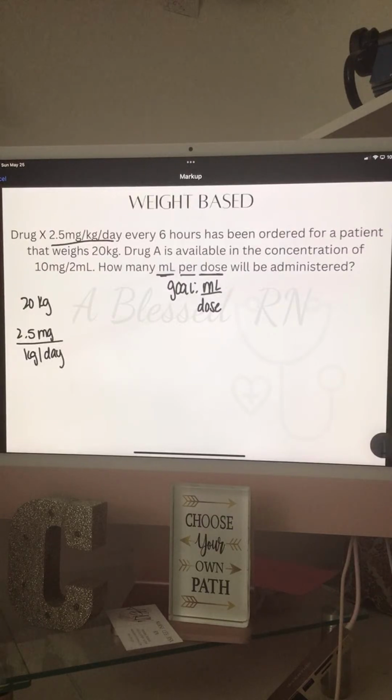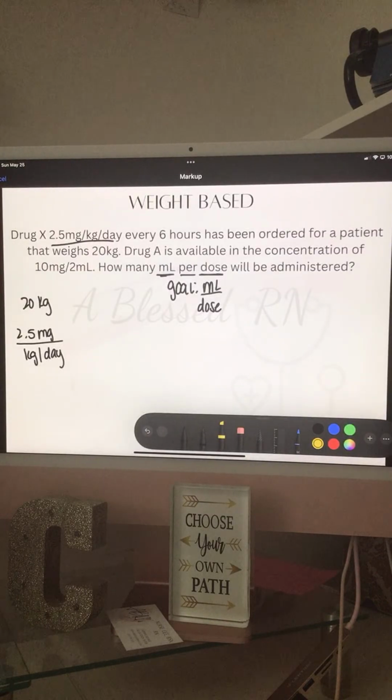Now let's pause for a second, and we're going to bring out some colors because colors make it a little bit easier, okay? So look, you see how your goal has dose in it, right? And your prescription has this amount for the whole day. If your goal is asking for a dose, but your prescription is for a day, then we are also going to need the frequency, which tells us how many doses are in the day.